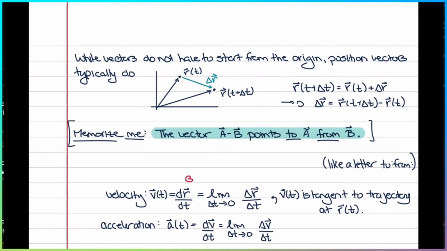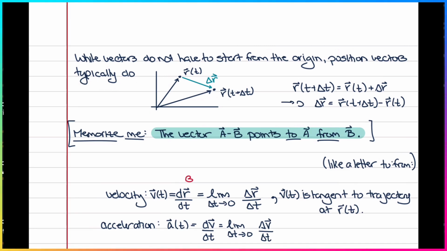It's a little confusing because we always say that, but then the first examples we always do are position vectors, which typically do start from the origin. A position vector is telling you your location relative to some origin, some starting point. So just something to keep in mind: position vectors typically do start at the origin, but vectors in general do not have to.